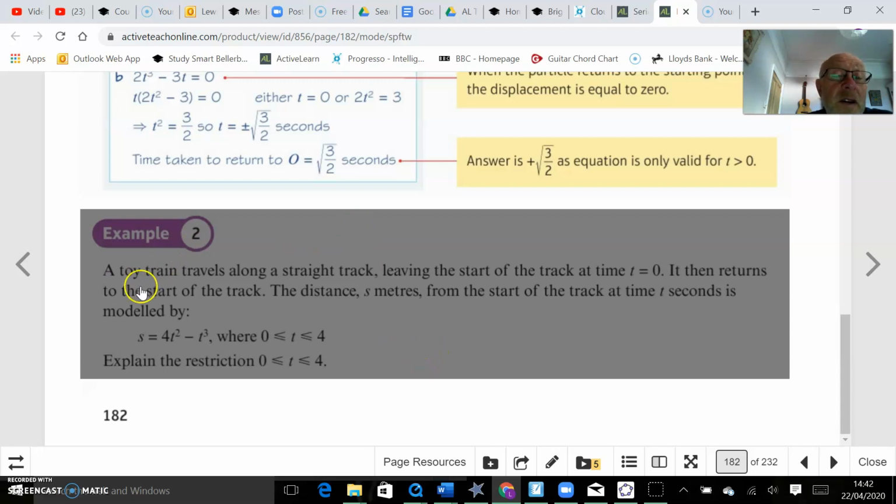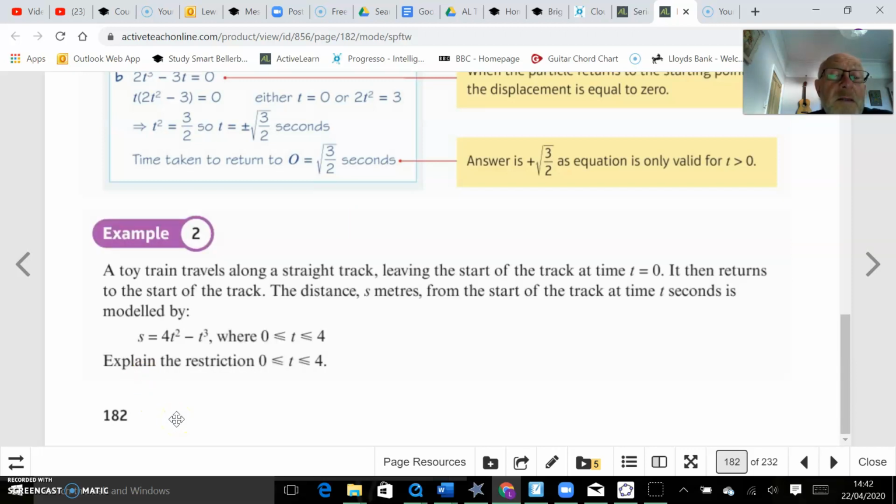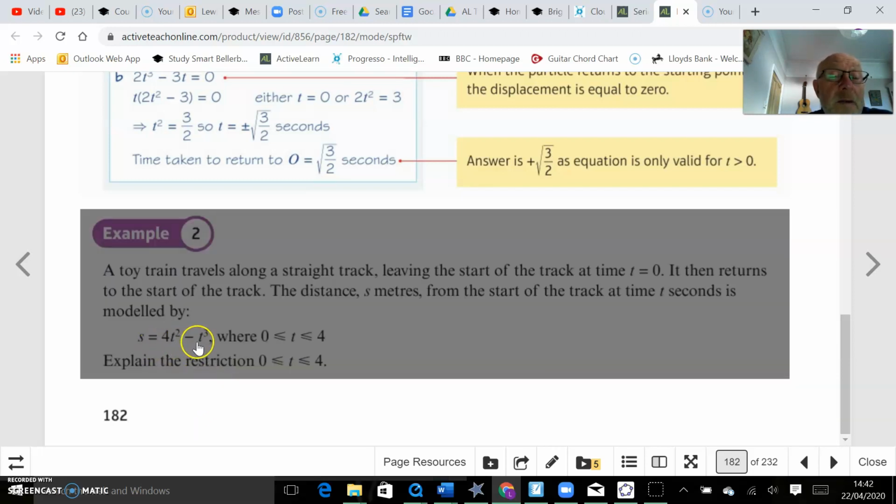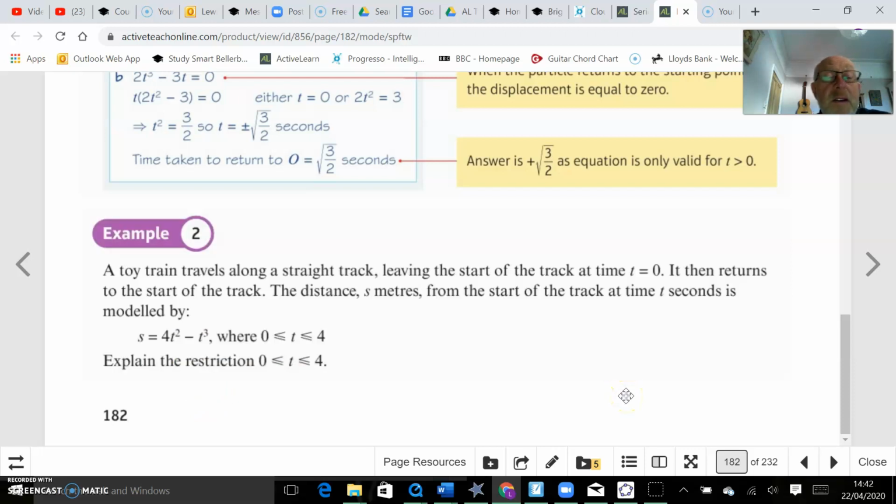This is a slightly different one here. A toy train travels along a straight track, leaving the start of the track at time 0. It then returns to the start of the track. The distance s meters from the start of the track at time t is modelled by that equation: s is 4t squared minus t cubed, where t is between 0 and 4.